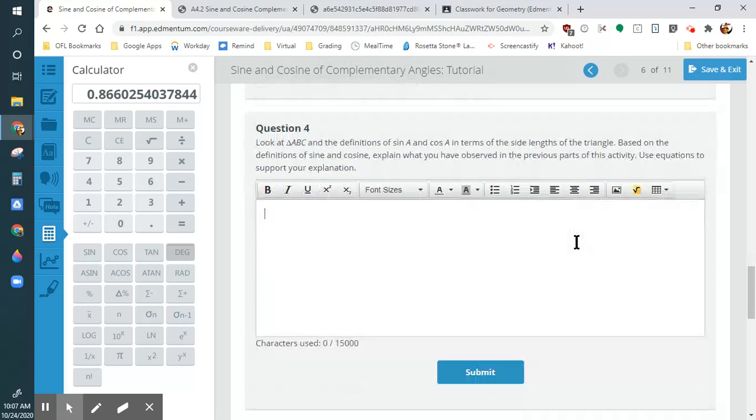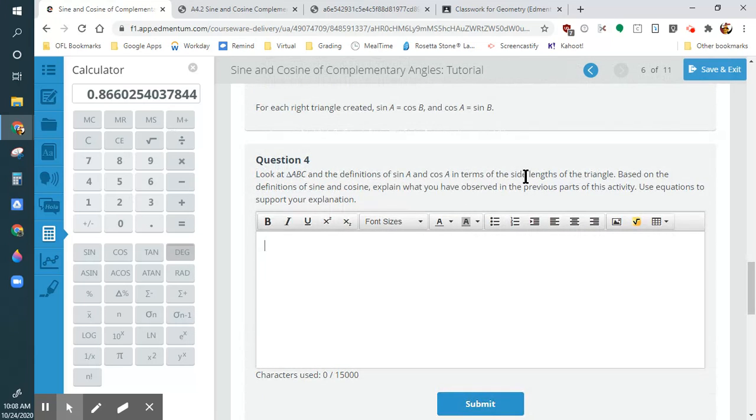Look at the definitions of the triangle, sine, cosine, tangent. What do you observe from the previous parts that support your explanation? The sine of A is always equal to the cosine of B and vice versa.